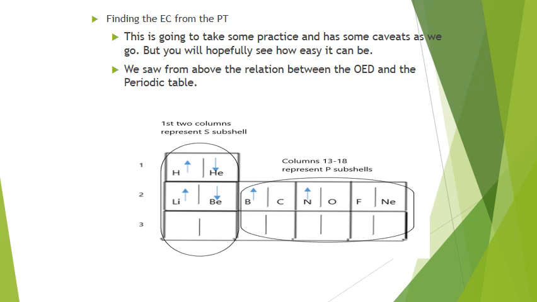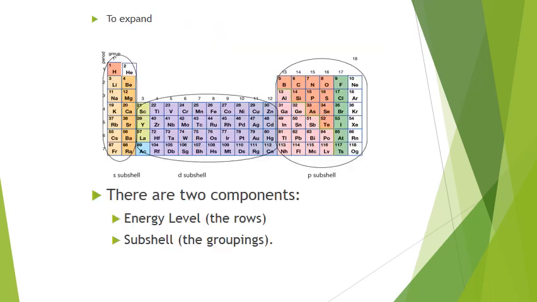The first 2 columns are like the S subshells. And then we showed that these guys out here were like the P subshells, okay? And so what we're going to do is expand on that. So the first 2 columns represent the S subshell. The last 6 columns represent the P subshell.